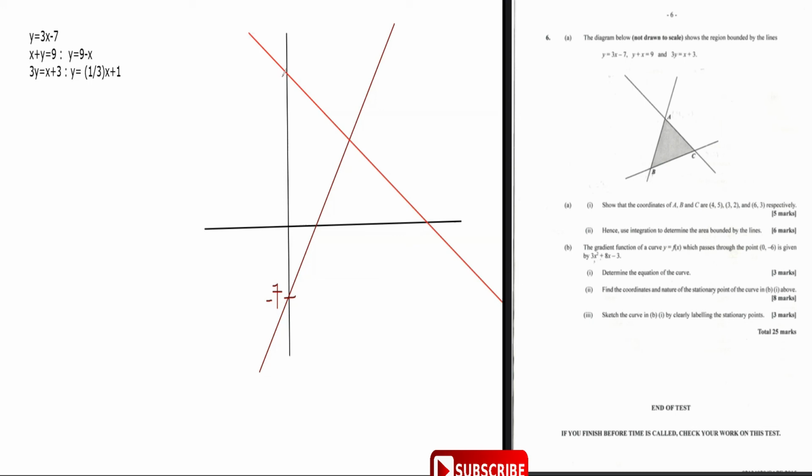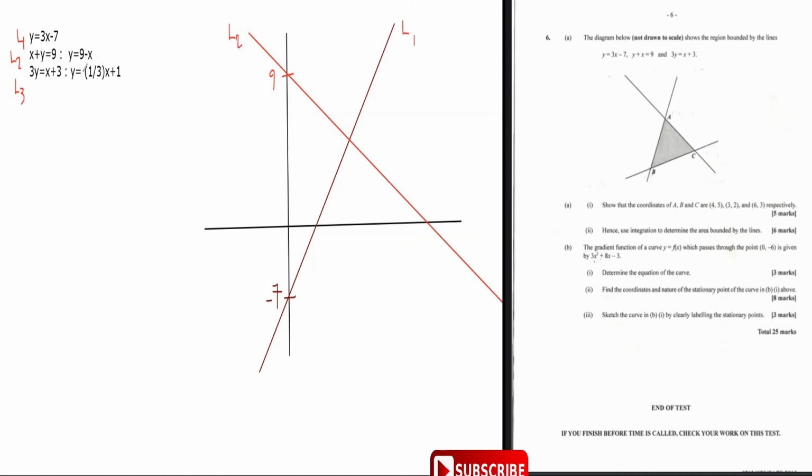Let me put that this is the point positive 9. So let me label them as L1, L2, L3. This is L1, this is L2, and then I need L3.